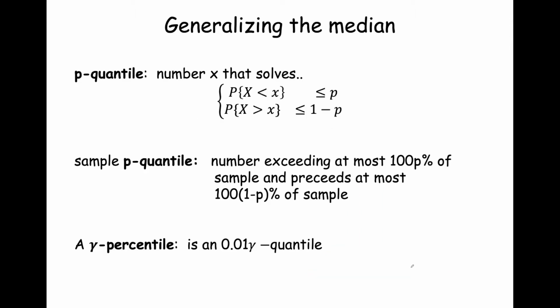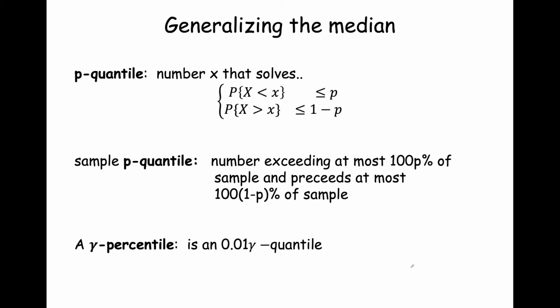Now, let's bring in some definitions. A so-called p-quantile generalizes this notion of the median. A p-quantile is some number, let's call it x, that solves the following. The probability that an observation, big X, a random variable, is less than the p-quantile x is at most probability p.